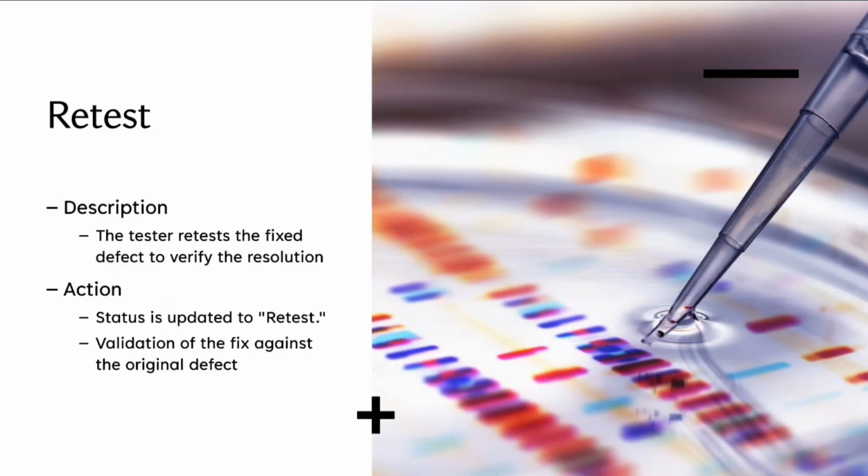Then, when the tester starts testing the defect again, executing the same test cases related to that defect, we change the status from fixed to retest. That means the tester has started checking this defect.